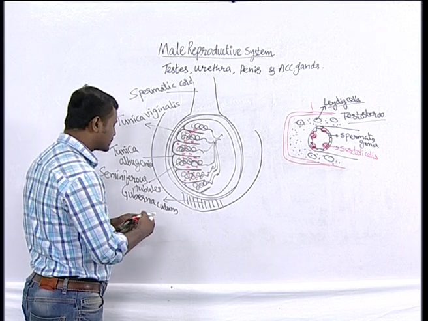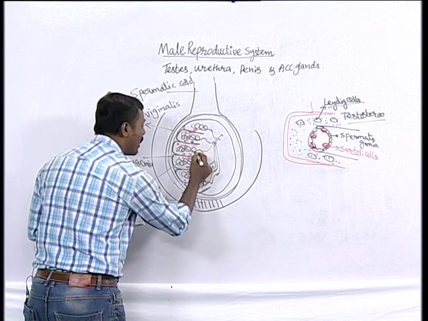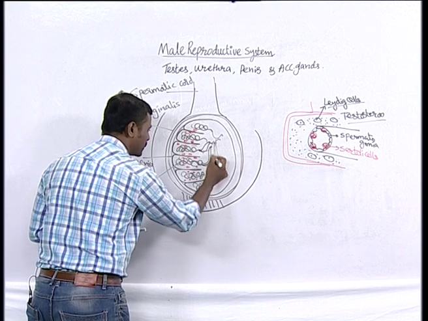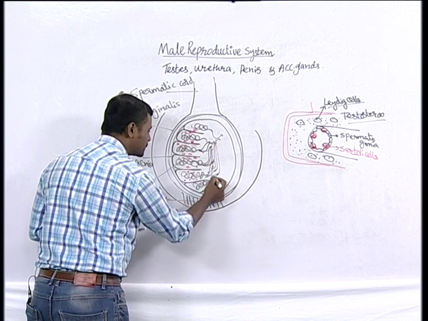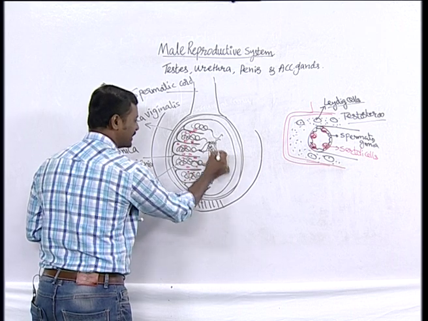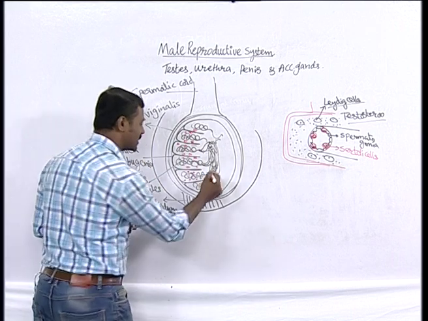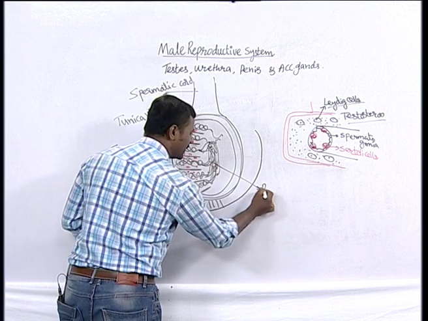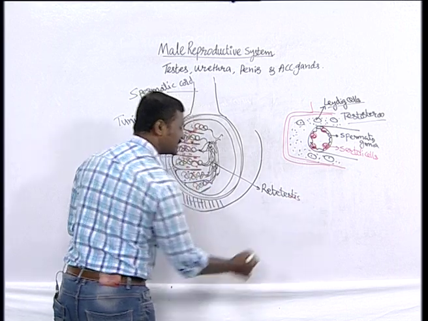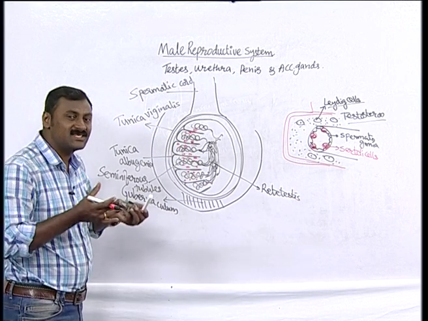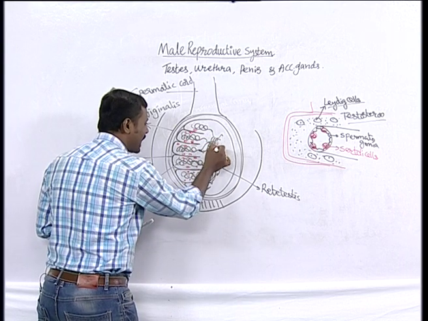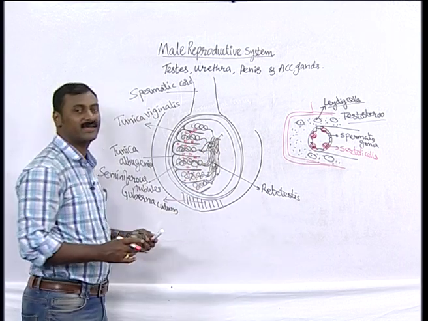And the next step, if you see here, the spermatogonia produce sperms, and all the sperms through these tubes are united in one place. This is the junction, called the rete testis. Rete testis is the gathering junction of all the seminiferous tubules.